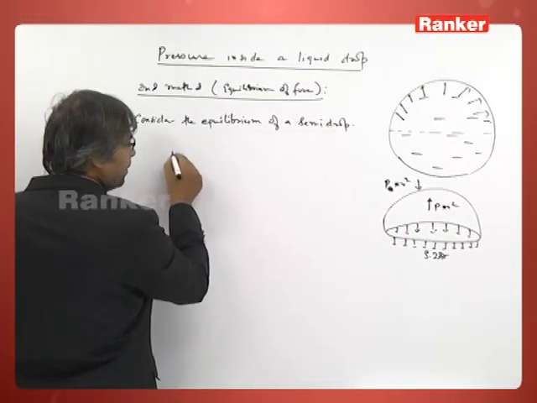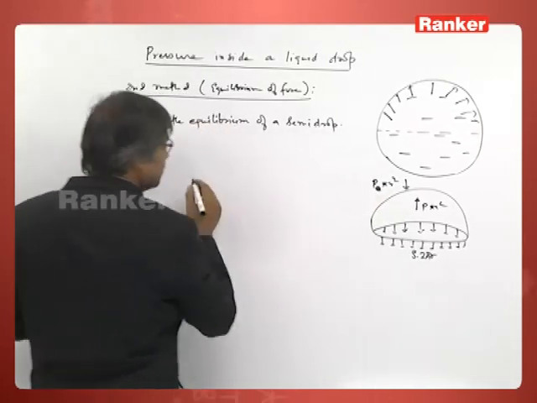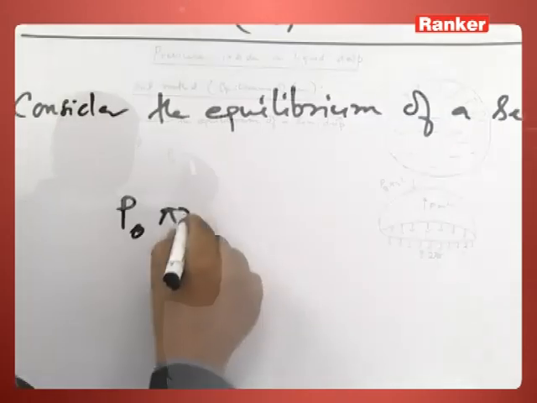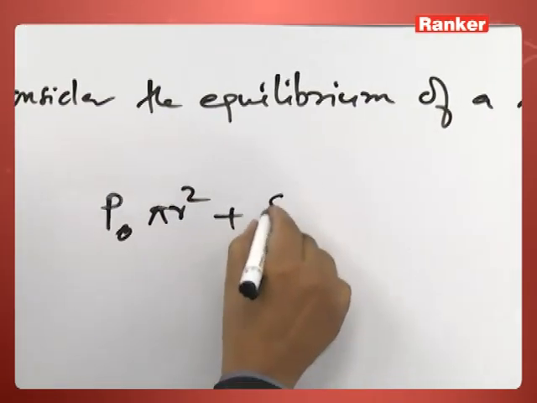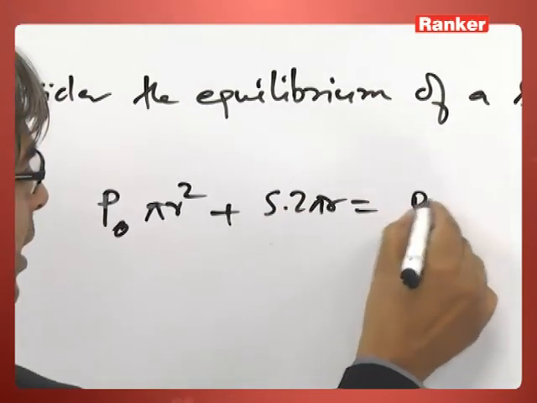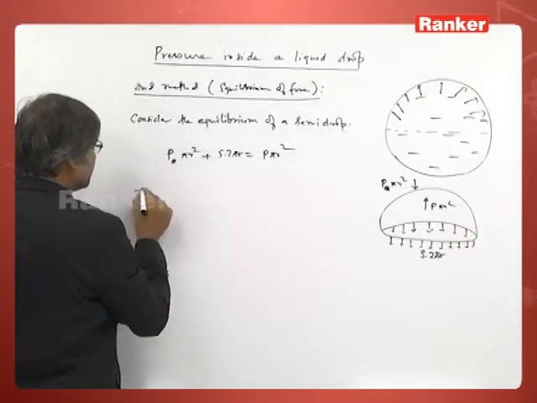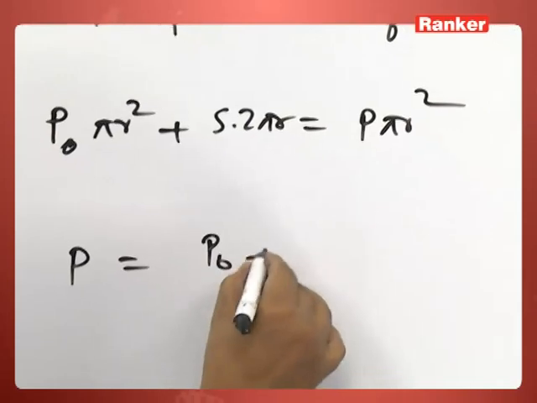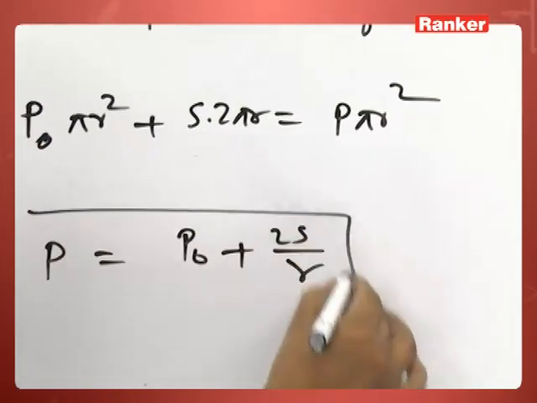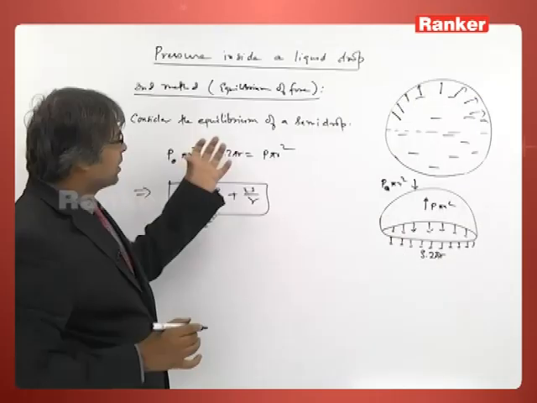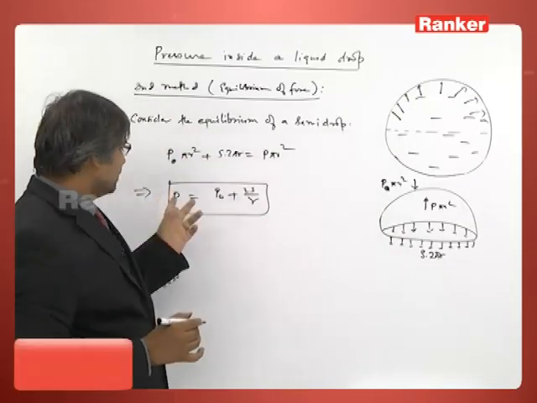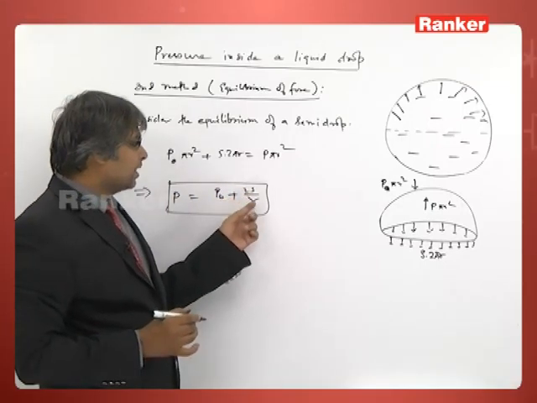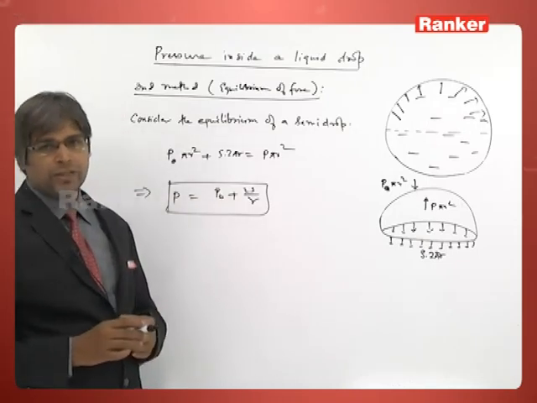So, P naught into pi r square plus S into 2 pi r is equal to P pi r square. Dividing by pi r square, P is P naught plus 2S by R. Thus, by the equilibrium of force method, the pressure inside the liquid is 2S by R more than the atmospheric pressure.